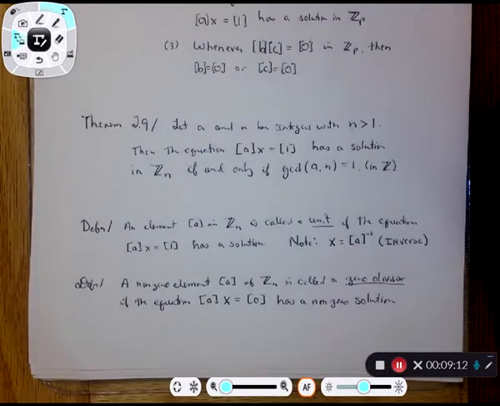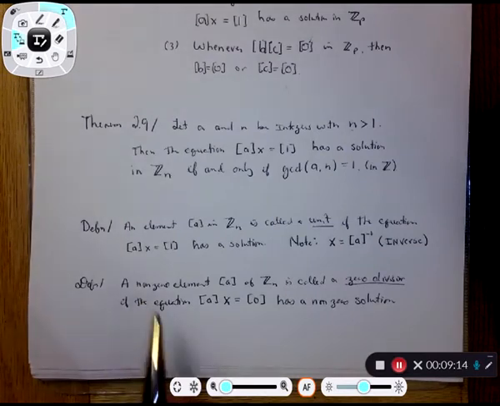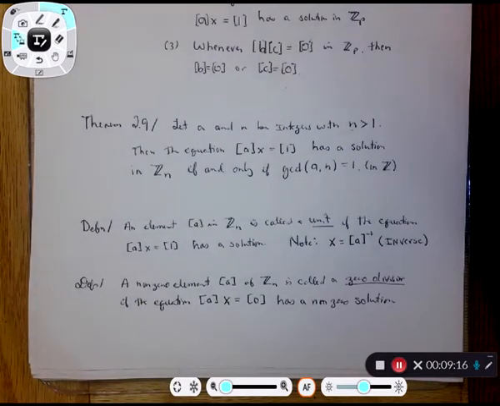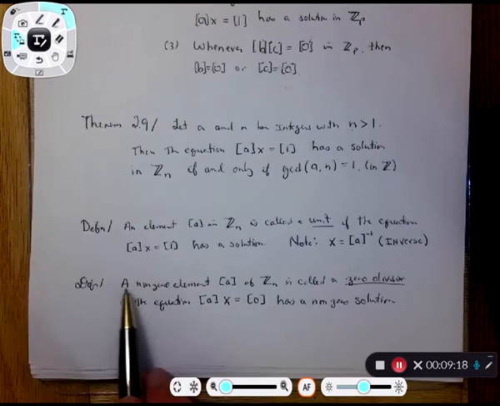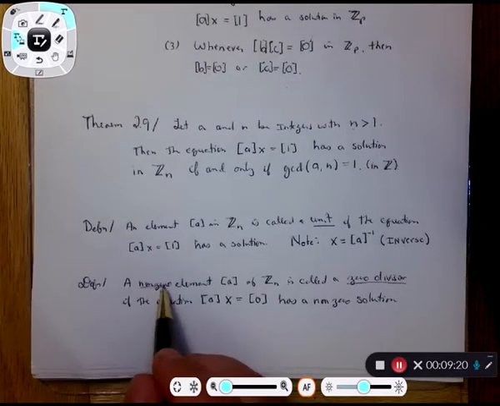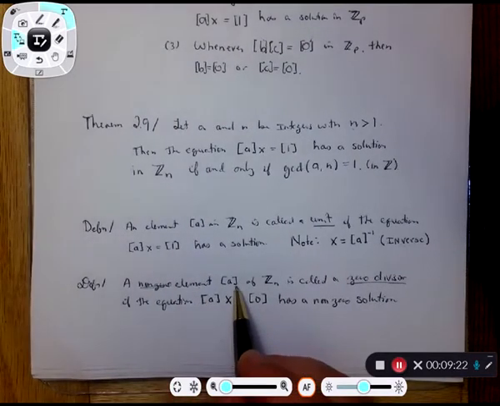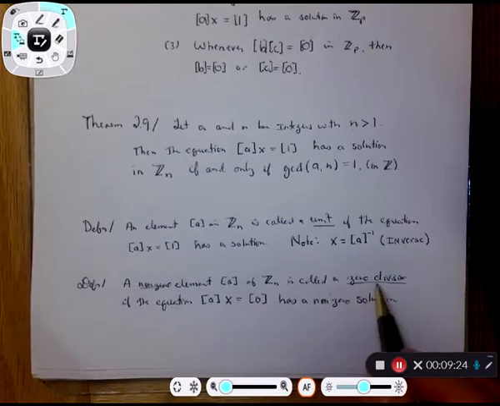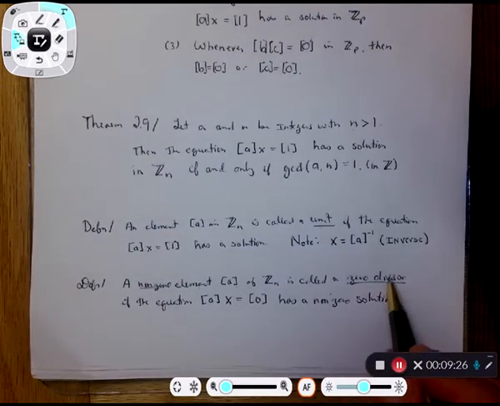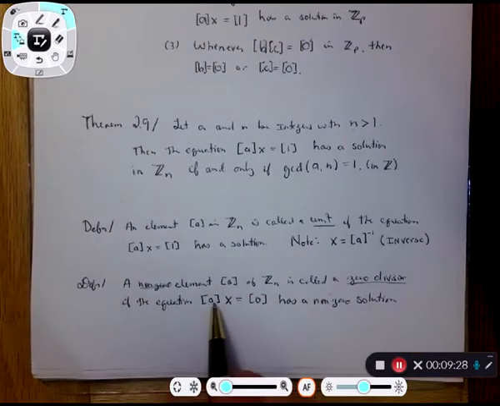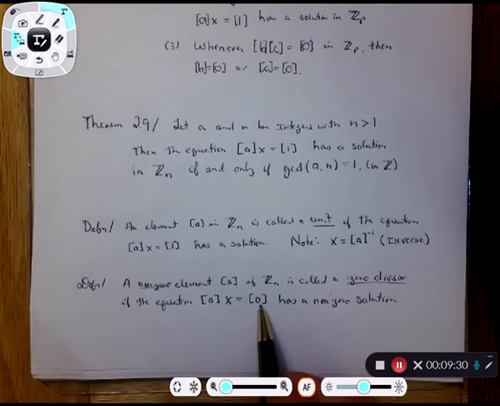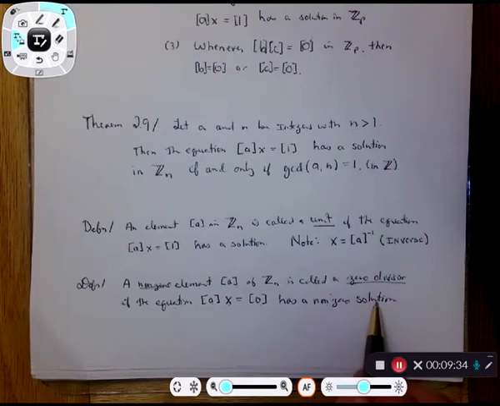But we also have one other definition here, and it goes back to that idea of two guys multiplied together equals 0. Now, a non-zero element A of Zn is called a zero divisor if the equation A times X equals 0 has a non-zero solution.